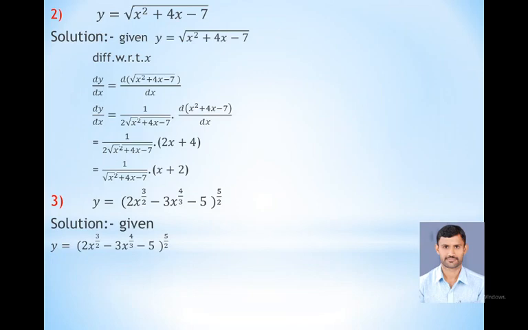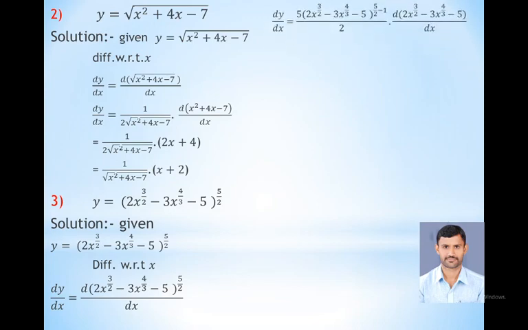Given y is equal to (2x^(3/2) − 3x^(4/3) − 5)^(5/2), and we have to find dy/dx. Now differentiate with respect to x. dy/dx is equal to the derivative of (2x^(3/2) − 3x^(4/3) − 5)^(5/2).